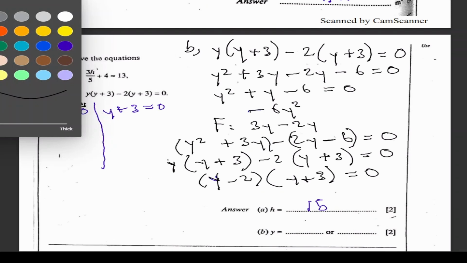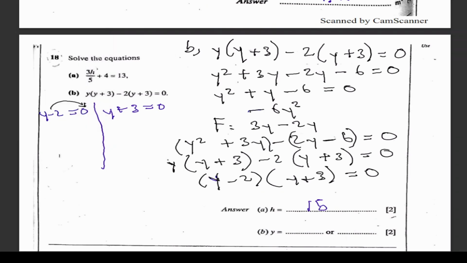It's just a reminder. So y will be equal to 2, and in this case y will be equal to minus 3. Be careful, the change of sign is very important. So here y is equal to 2 or minus 3. These will be the two answers.